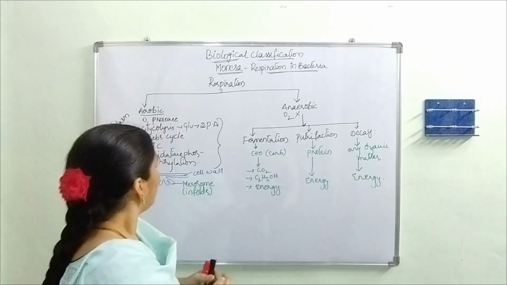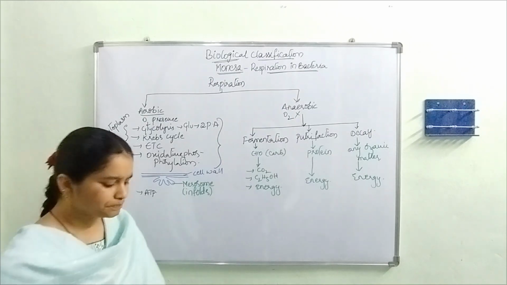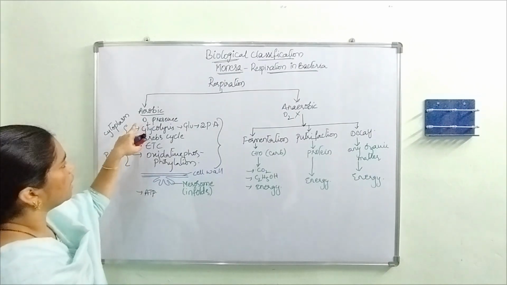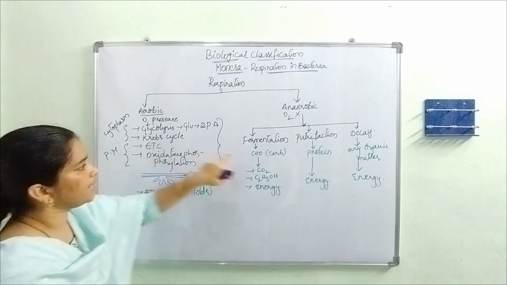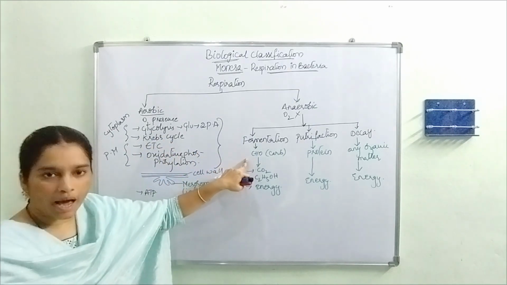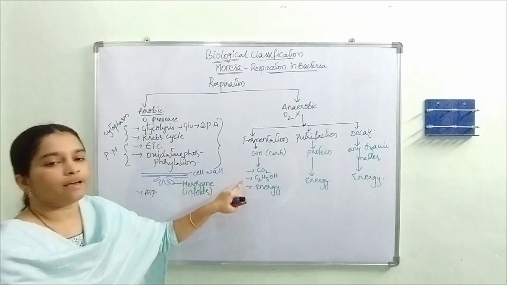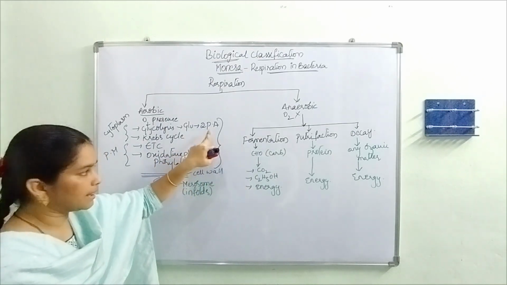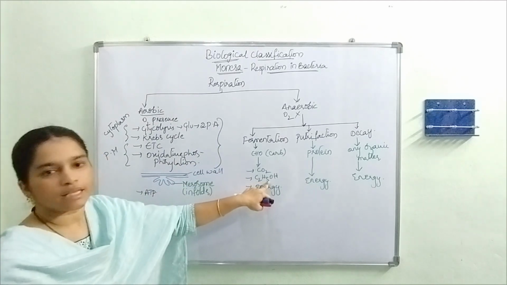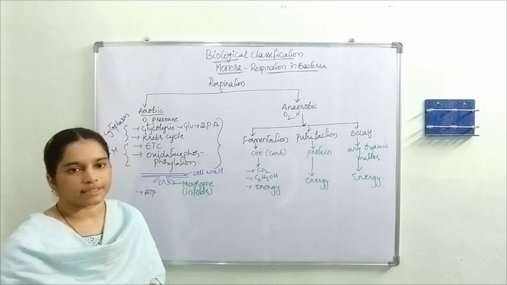Okay, now let's see, in aerobic and anaerobic respiration, in glycolysis and fermentation, there is a breakdown of one carbohydrate molecule which yields the respective byproducts, such as glucose giving 2 pyruvic acids in this and ethanol in this fermentation. These are the aerobic and anaerobic processes.